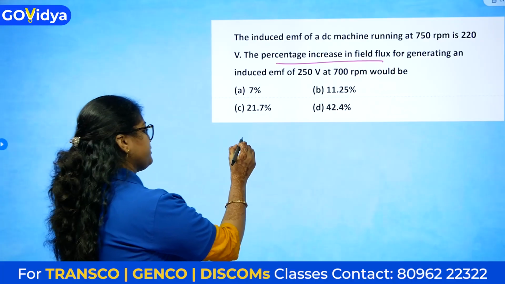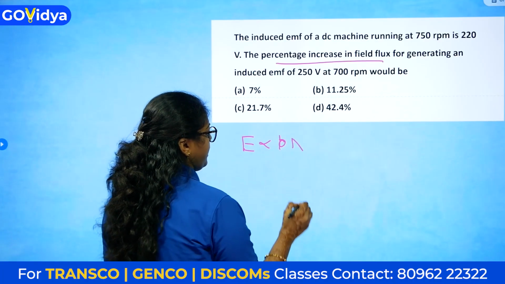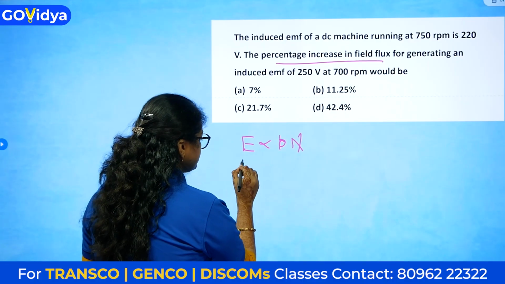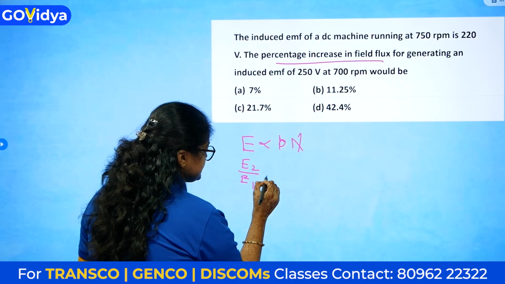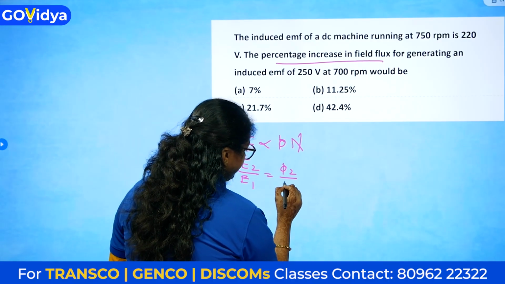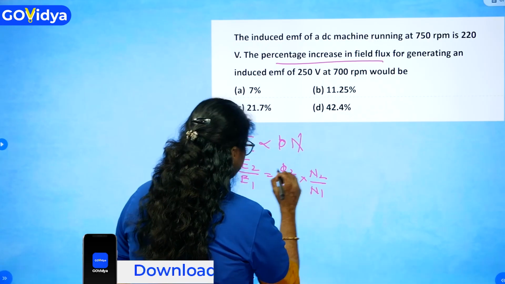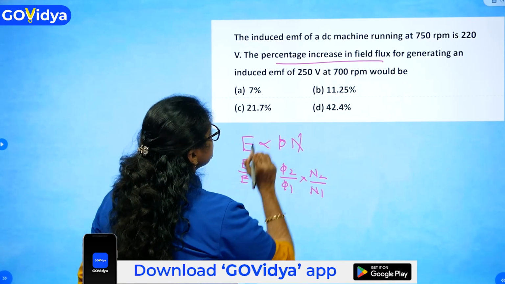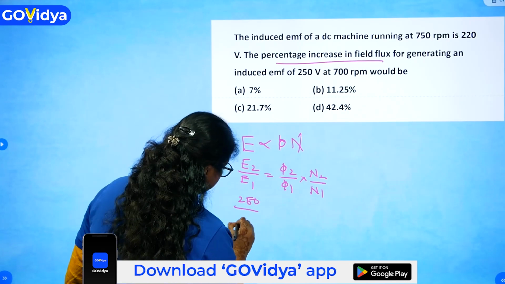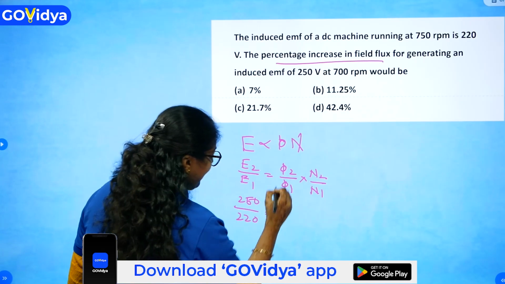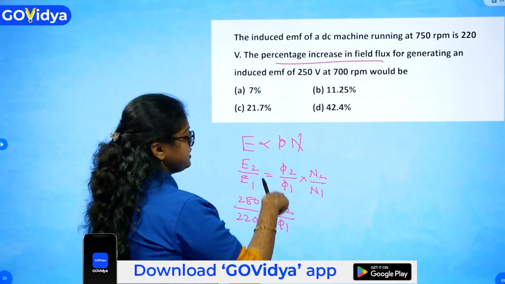We know the formula, E is directly proportional to phi N. So I'll write directly E2 by E1 is equal to phi 2 by phi 1 into N2 by N1. In the question they have given E2, that is 250 volts, and E1 is 220 volts. So we have to find the change in phi 2 and phi 1, nothing but the change in the flux.